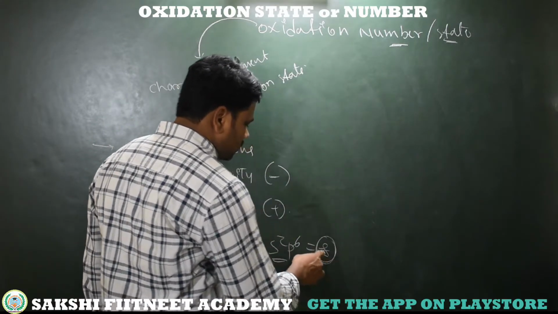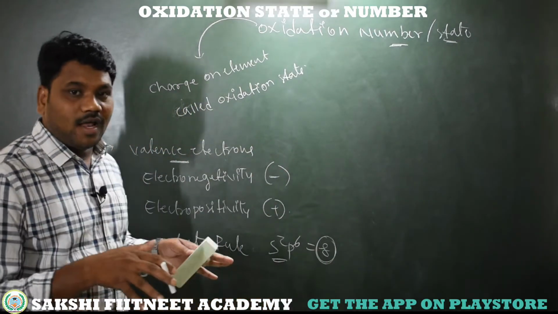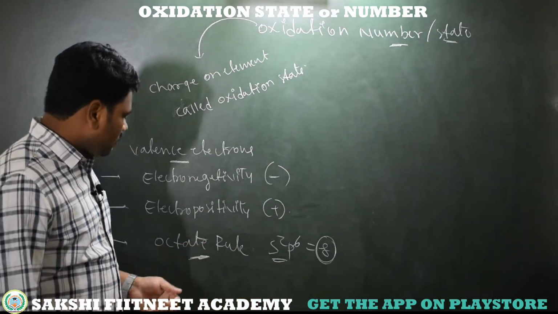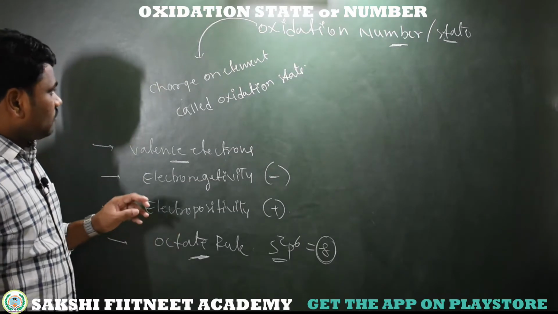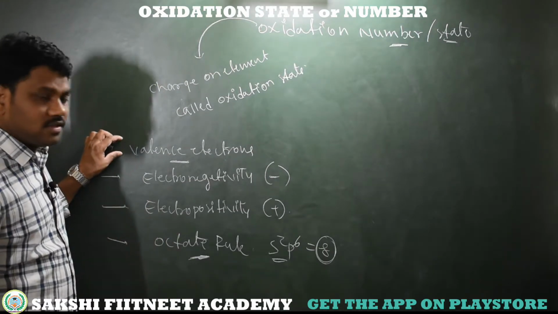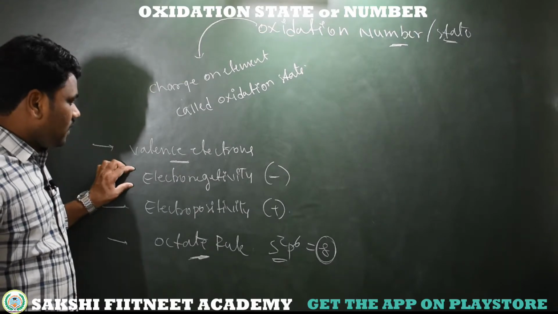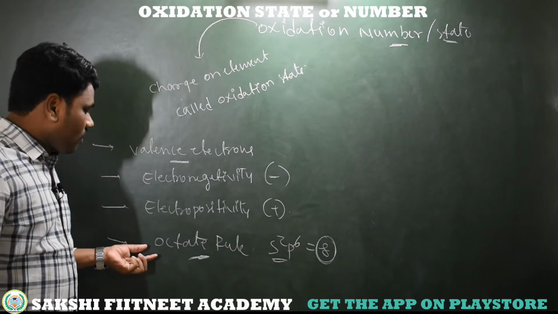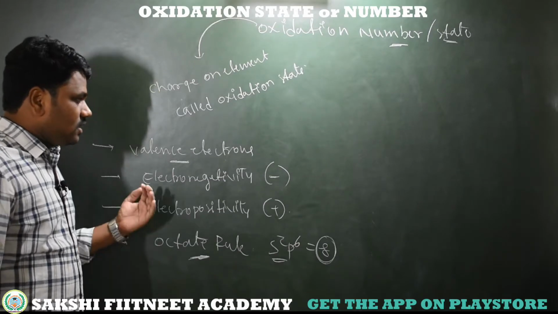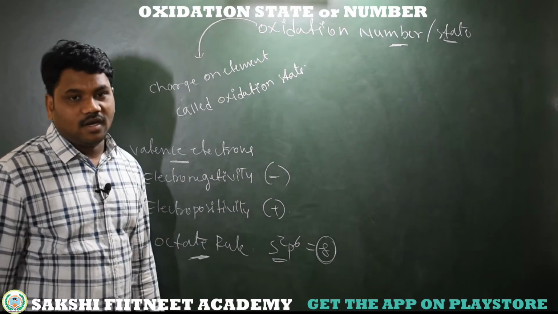These 8 electrons should be in the valency shell, called the octet rule. I hope you understand. Based on valency electrons and electronegative or electropositive character, to follow the octet in their valency shell, elements show a positive charge or negative charge.